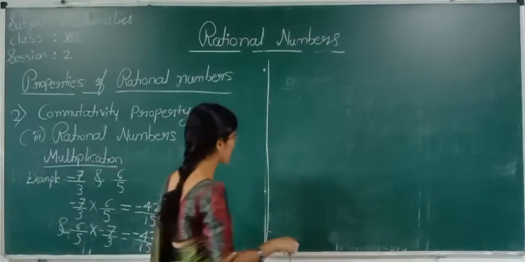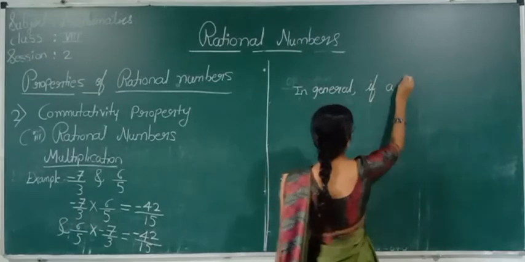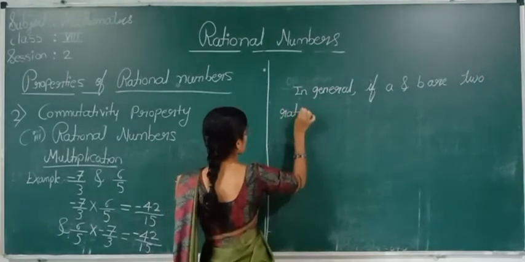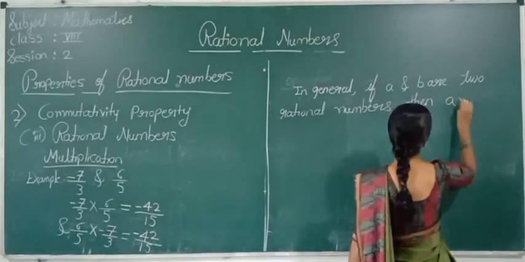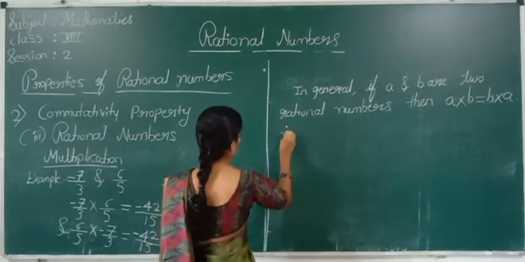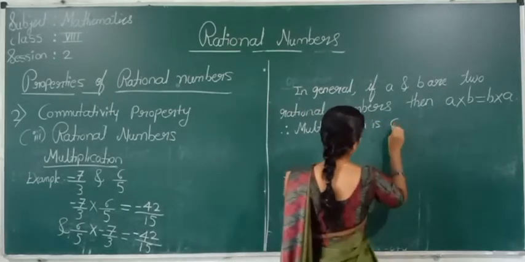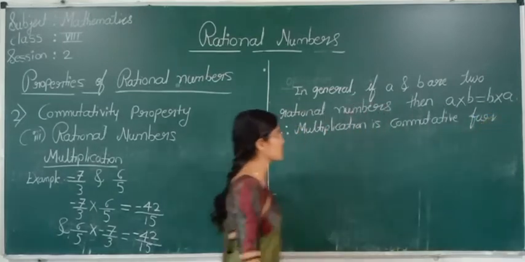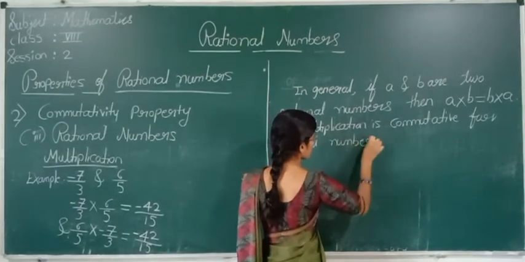So in general, if A and B are two rational numbers, then A multiplied by B is equal to B multiplied by A. Therefore, multiplication is commutative for rational numbers.